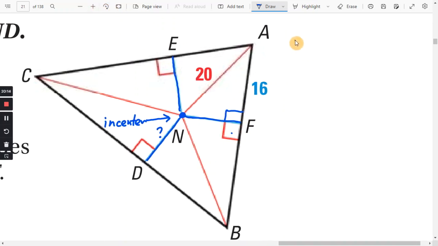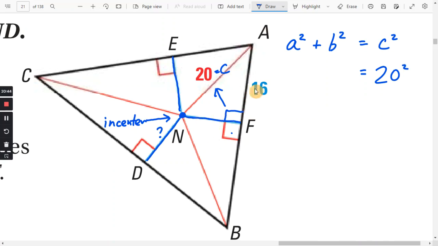We can use a squared plus b squared equals c squared. Remember, c always has to be the hypotenuse. So if you go across from your right angle, that one has to be c. Since c is 20, in place of c squared, I'm going to make it 20 squared. Now, this side here is 16, and this side here we don't know.